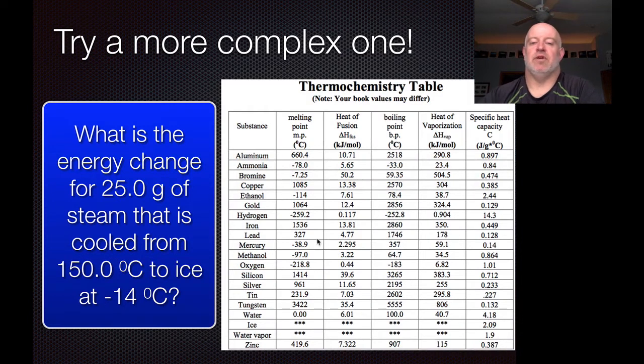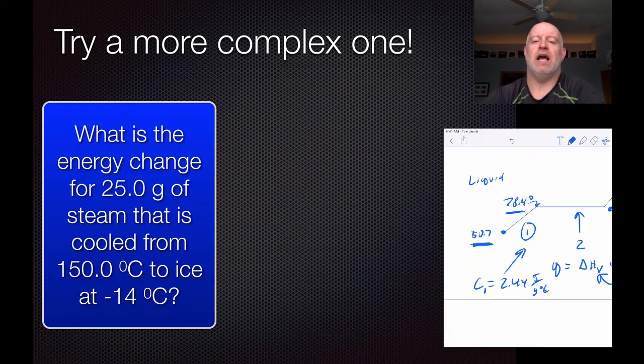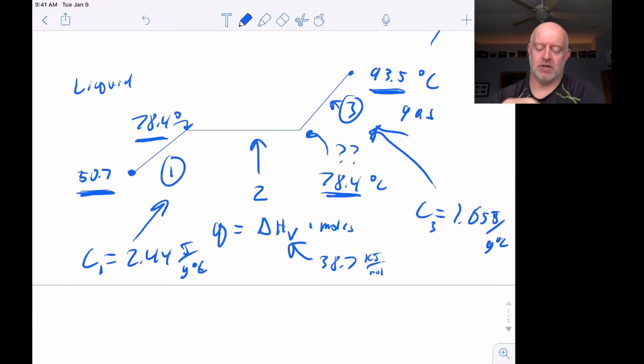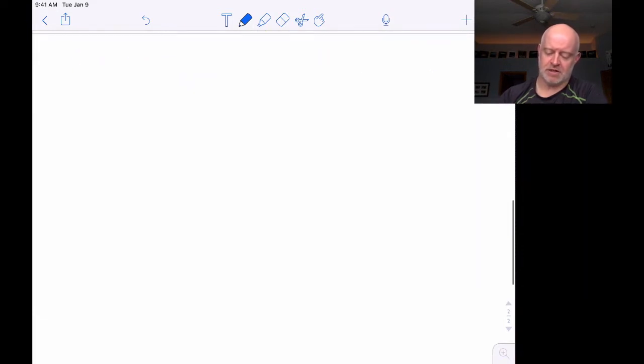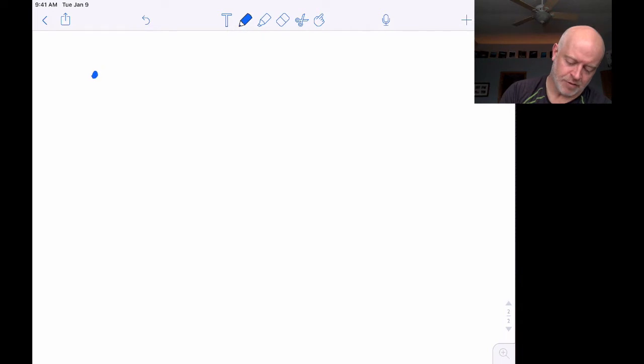Once again, we need our thermodynamic table to solve this, so have this up and running. Hopefully you grabbed that from a previous slide. Once we have that, we had 5 different steps. I'm going to draw it up as we work this out. We started high, way up here, at 150 degrees Celsius.